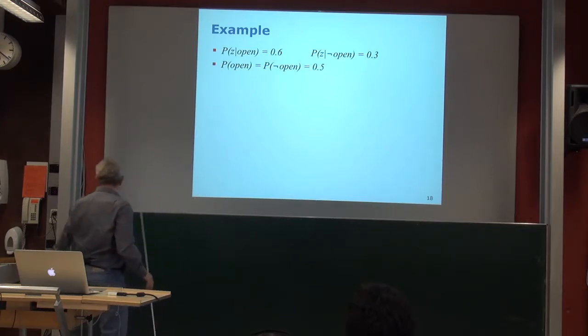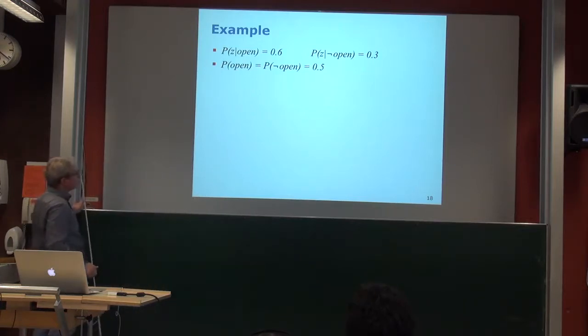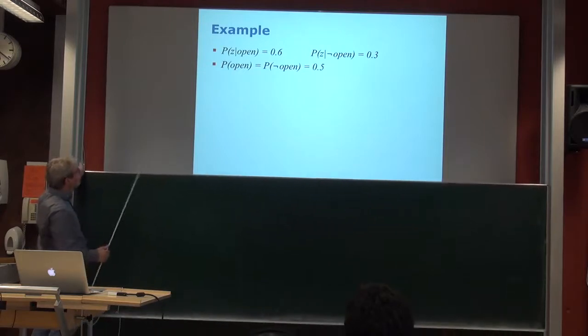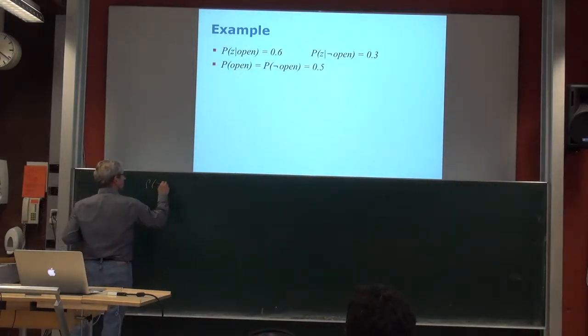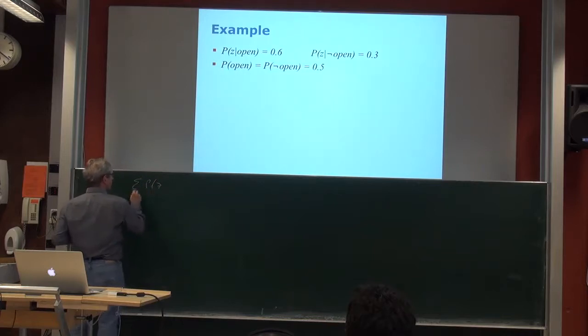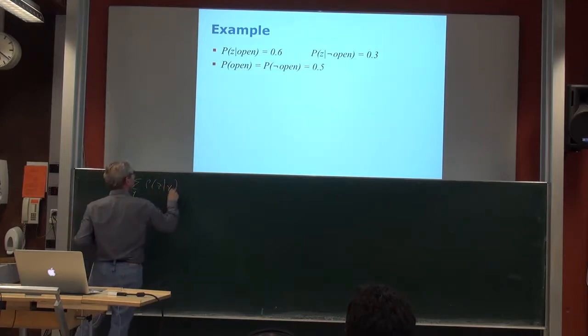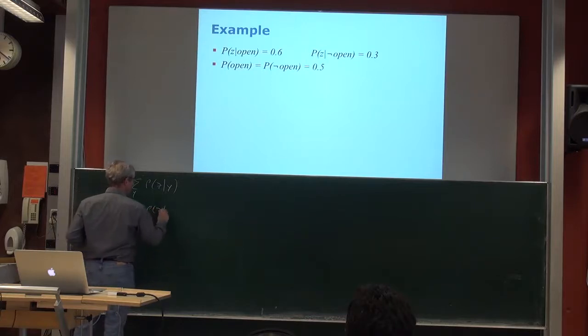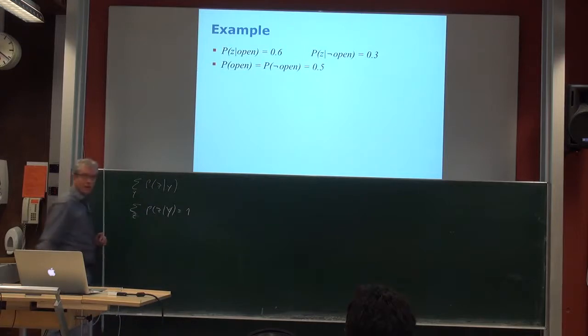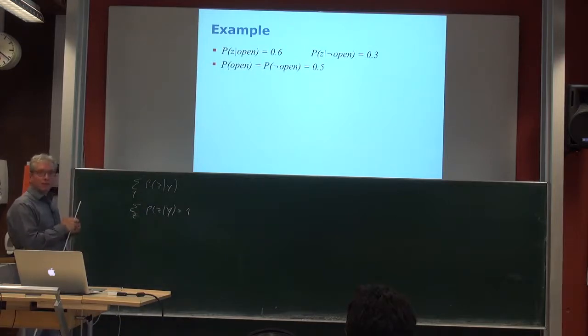It's also pretty confusing usually, but the sum over all y of P of z given y is not necessarily 1. The other thing, the sum over all z of P of z given y, this is 1. The other is usually not true.